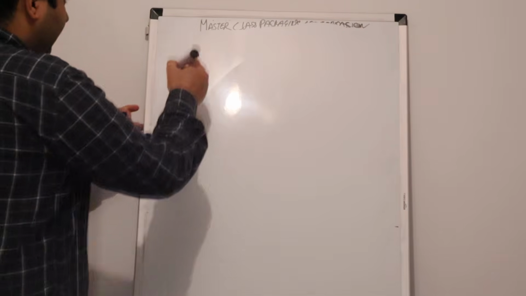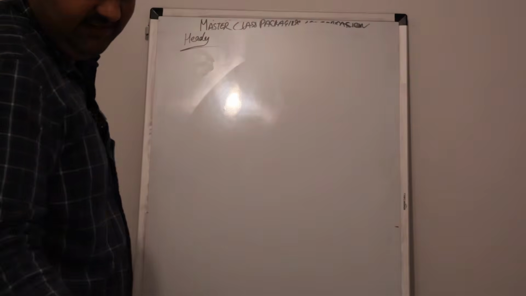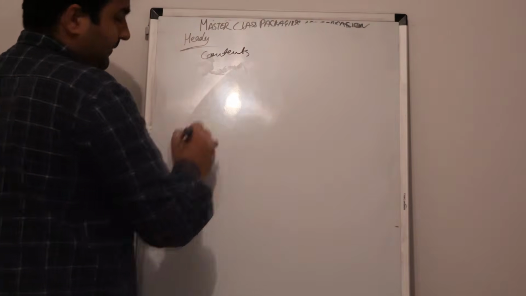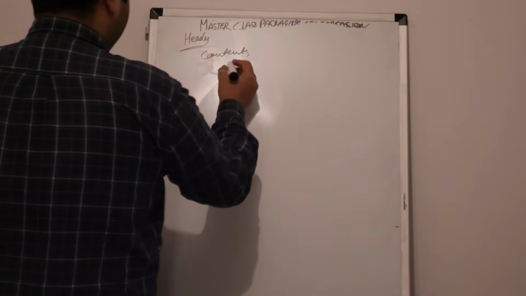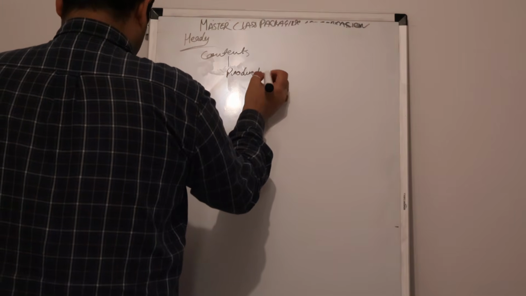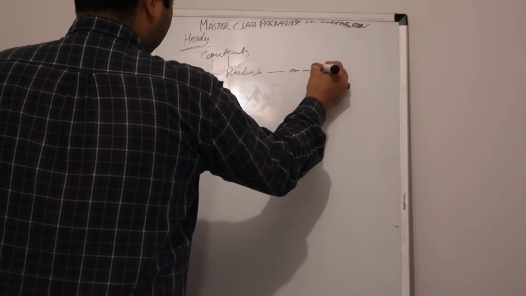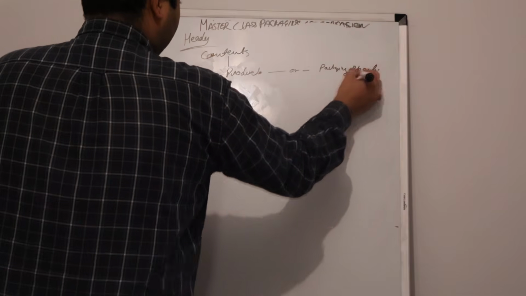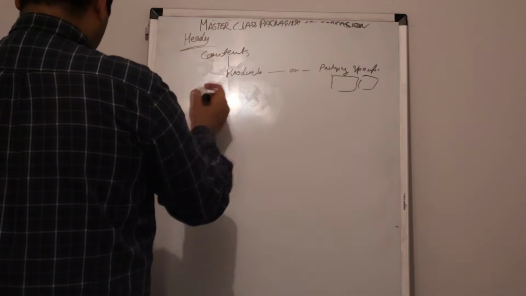So we have first the header. Contents contain products, materials, or packaging specification like boxes, HU, all these things, or a simple product.